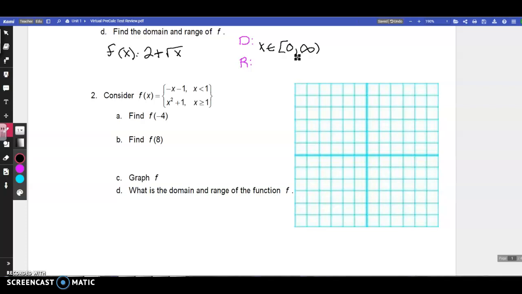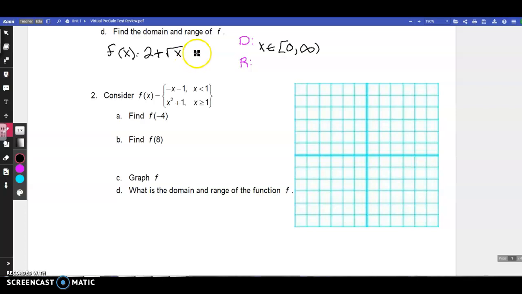Now, what about the range? Again, we could throw this in the calculator, but let's see if we can reason through it. Think about what you just said for the domain: I can plug in 0 and all the positive numbers. What's going to happen to this square root as I plug in bigger numbers? If I plug in 1, I get 1. If I plug in 4, I get 2.